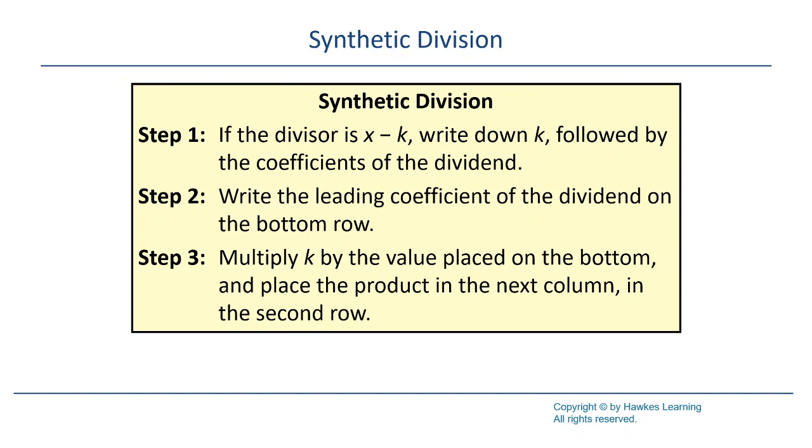Now, synthetic division is everybody's favorite. You know why? It's neater, it's nicer, it gets things done so much faster and in much cleaner of a way. The only problem is step 1. If the divisor is x minus k, write down k. First thing there, x minus k.